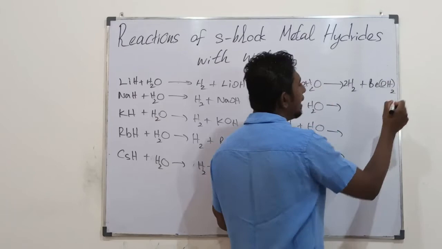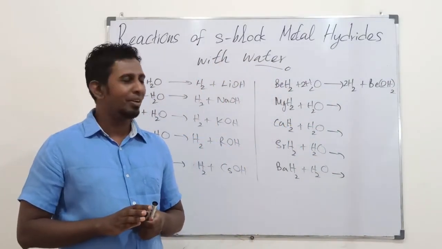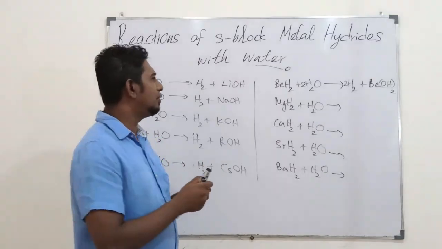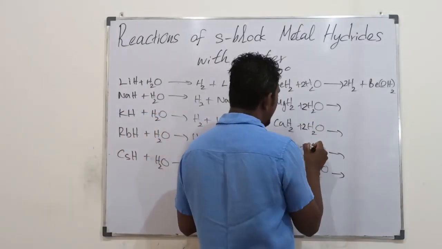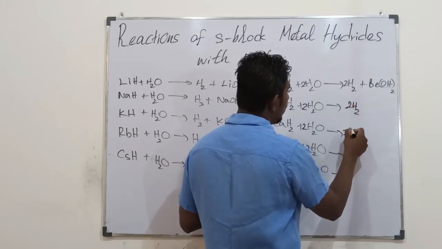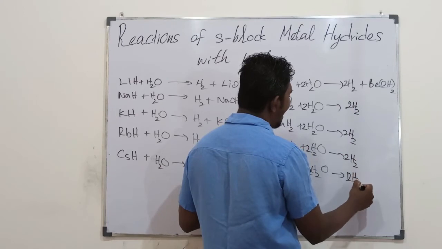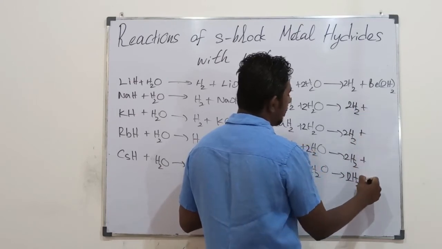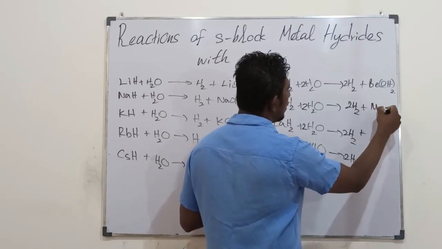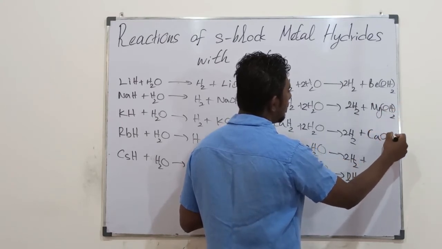You could write it as Be(OH)2. Then similarly you could write equations for the others as well. It is 2 H2 all the times you are going to have, and then their respective hydroxide you get here.